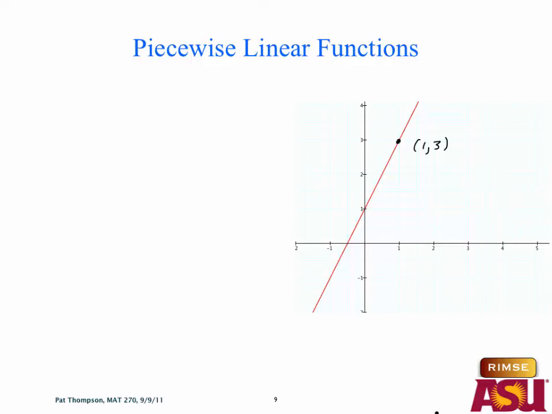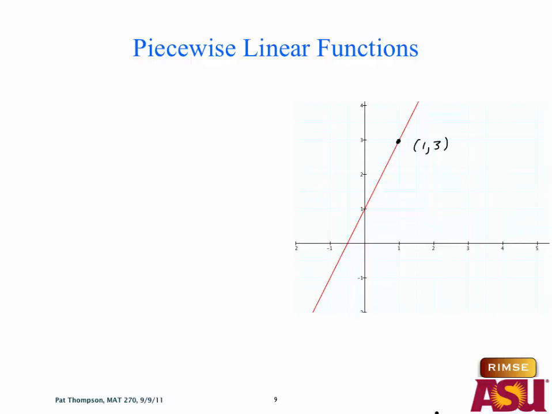Alexandra, just name one thing you talked about at your table about this set of points in the context of constant rate of change. We said that as x increases by 1, the value of y increases by 2 times as much.